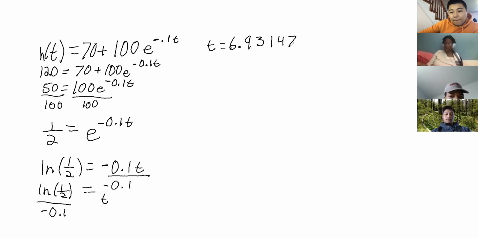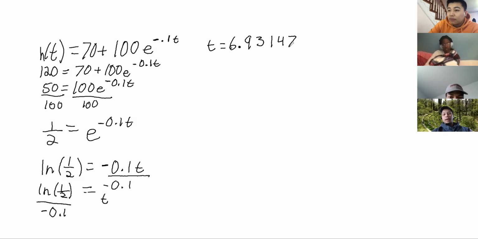So this is the time it takes for the temperature difference to halve. Theoretically, the half-time is supposed to be the same, right? So if we plug in the other numbers, 95 and 82.5, we should theoretically get the same t, or at the very least it would be a multiple of the 6.9.